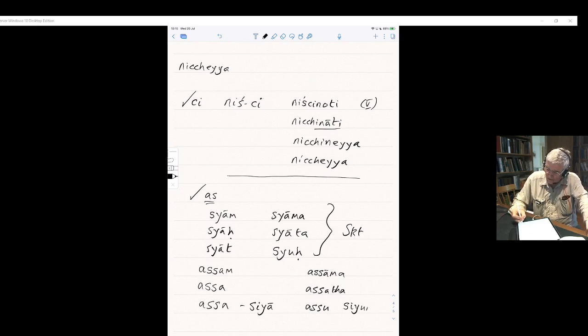You see this characteristic third person plural optative ending always, I think it's right to say always, becomes um or optionally just u in Pali.